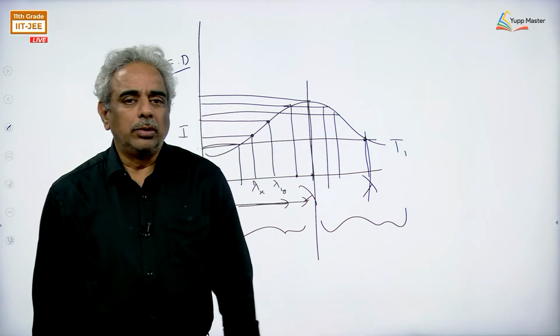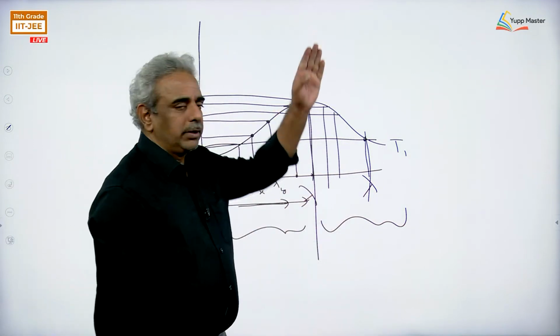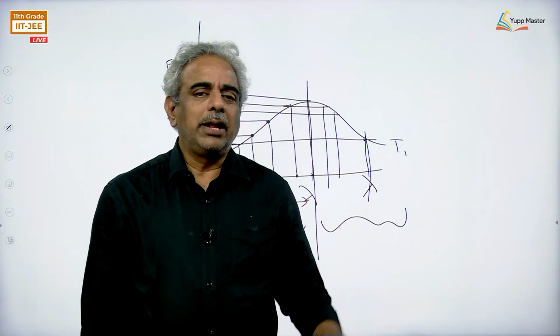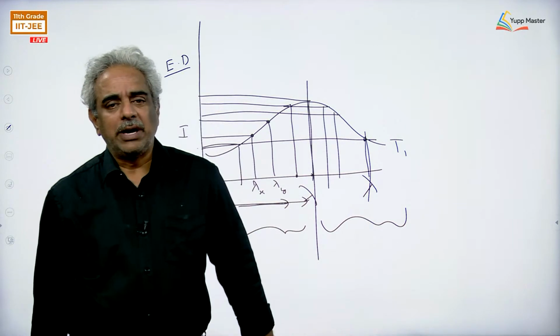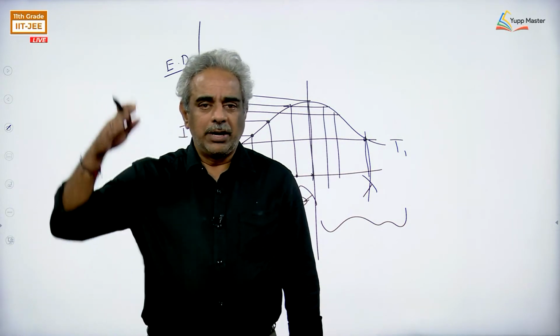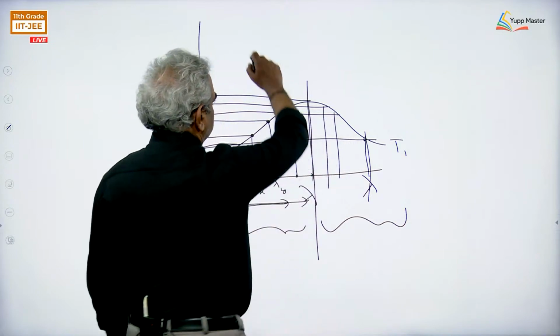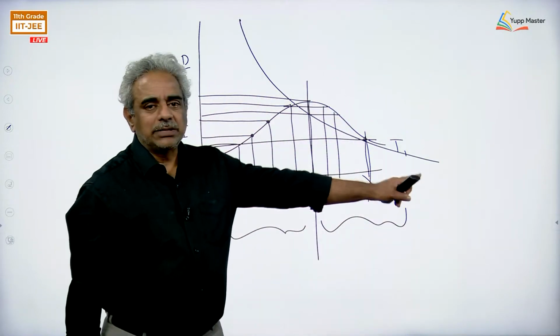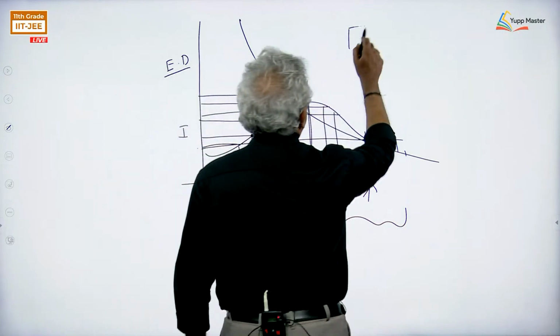So, what do you conclude? The curve is not either an ascending curve or a descending curve. Earlier with classical physics, at least we have learned, forget about intensity, energy decreases with increase in wavelength. As wavelength increases, energy decreases.